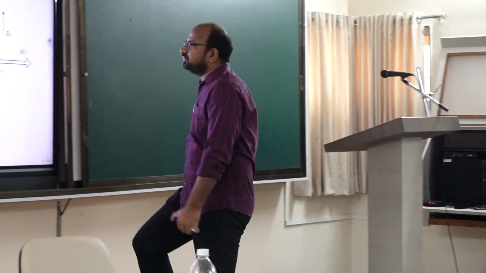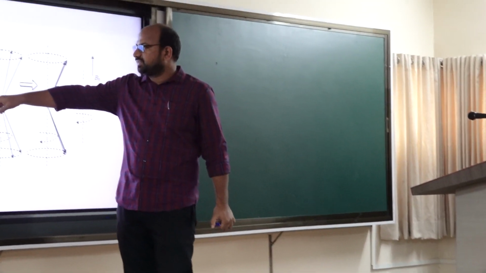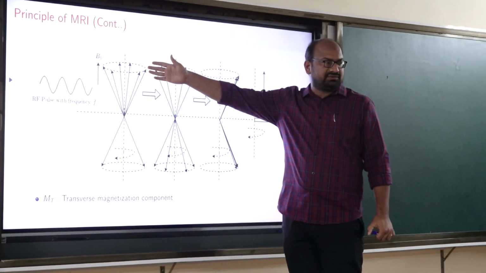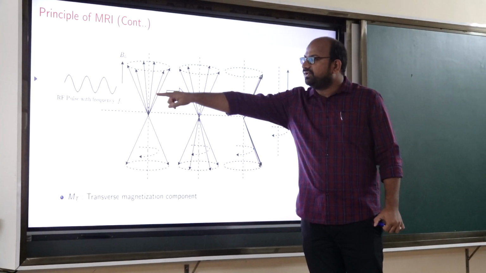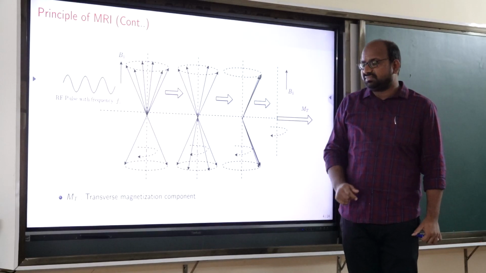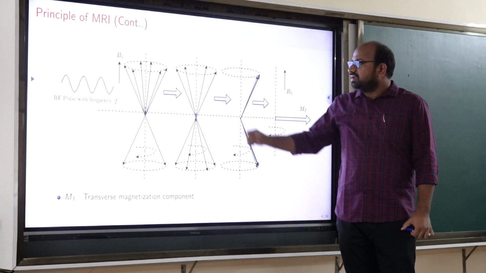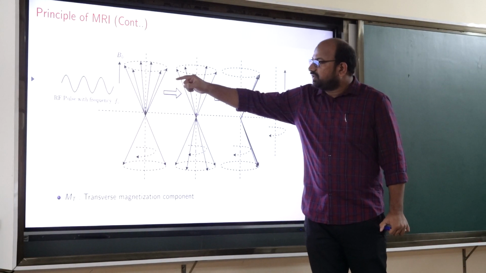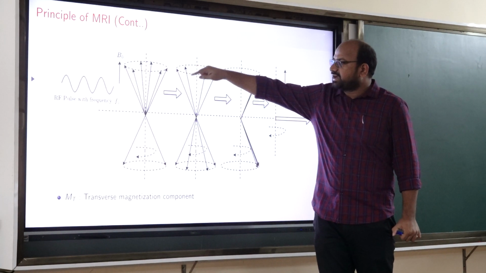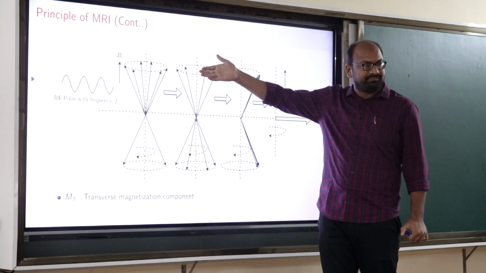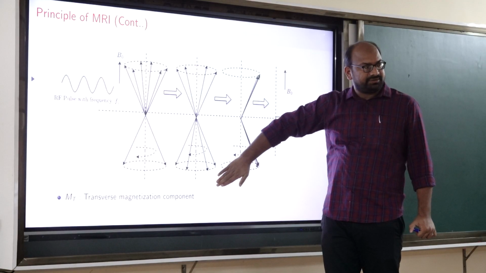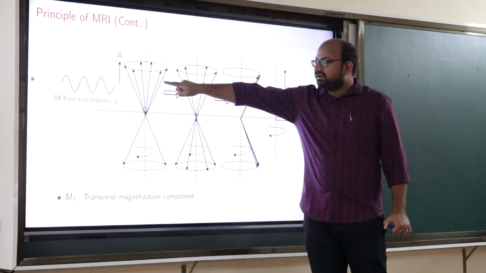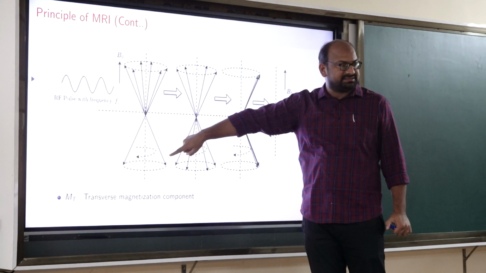Look, before the RF we were at this stage. Most of them in the direction of B0, very few in the opposite. Now when you apply the RF pulse, two things happen. Whatever the large number of magnetic moments are there in the direction of B0, some of them flip around because, remember, this was a low energy state and this is a high energy state, right?